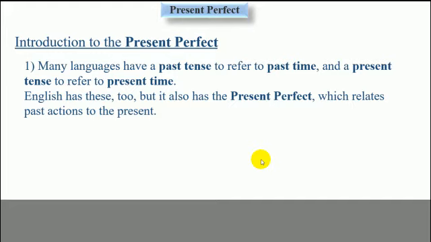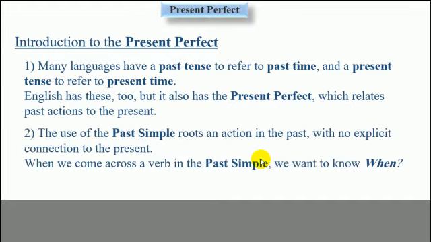This is the first point. The second point is the use of the past simple, which refers to an action in the past with no explicit connection to the present. When we come across a verb in the past simple, we want to know when.